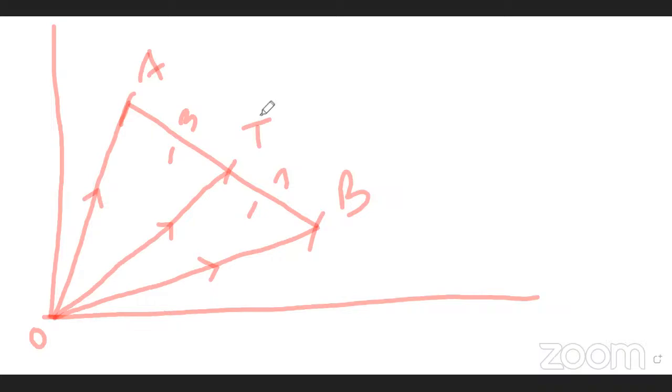So when we were looking for the midpoint, designated capital M, we took this 1 out of the sum of these 2 of A, then the other 1 out of the sum of the 2 of B.